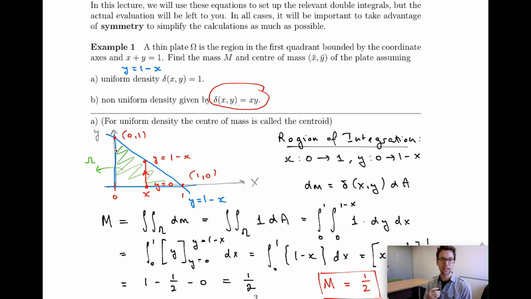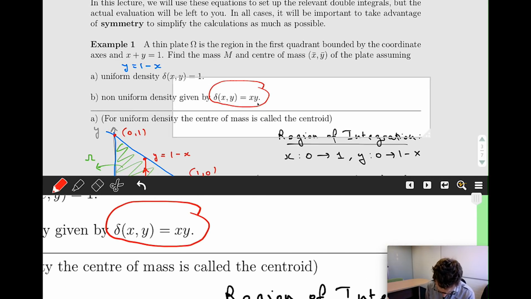In other words, is the density the same if I swap the x and y axes? And you can see that that is the case here. If I replaced x with y and y with x, I would get y times x, which is the same thing as x times y.